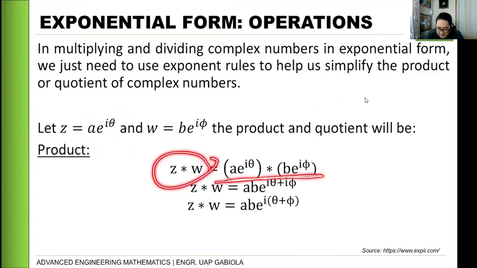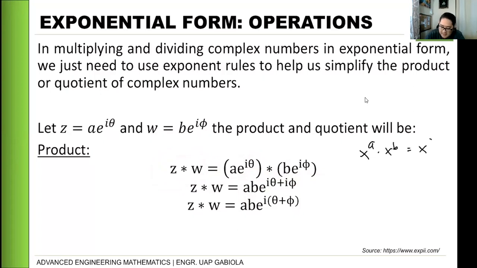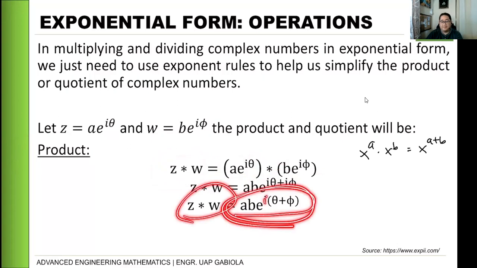The coefficients will be multiplied with each other, and since we have the same base, the exponents will add. That's part of the property of exponents: x^a times x^b equals x^(a+b). Applying that here, we can factor out i. To get the product, you just substitute the values into this formula.